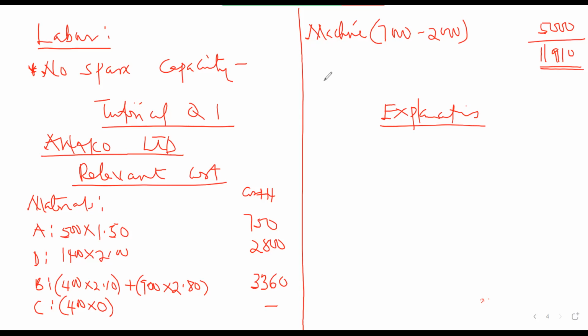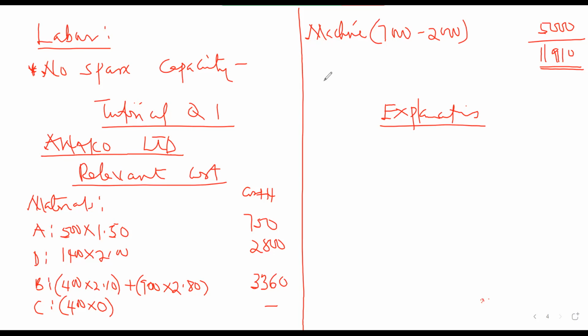If you come to material B, they have only 400 in stock. And this 400, if not used for the contract, it will be sold at 2.1. So the relevant cost of you using this material on the contract is the opportunity cost, which would be 2.1 times 400.